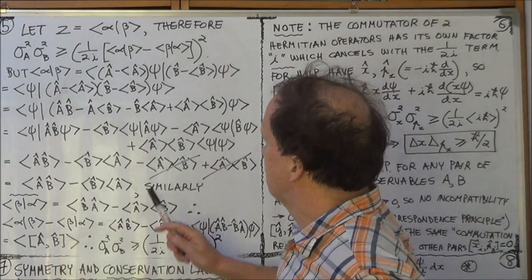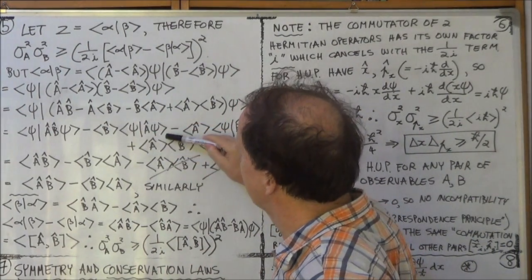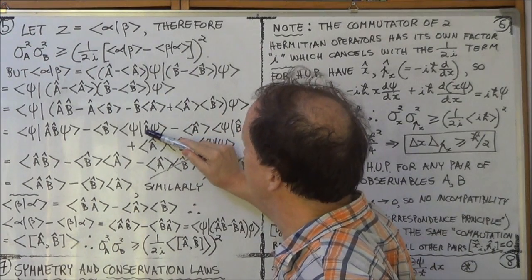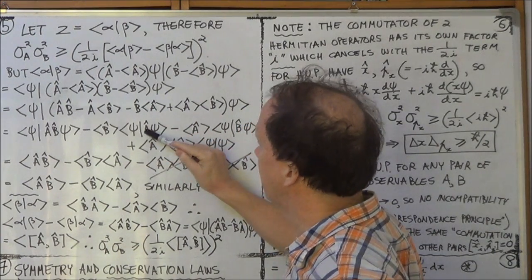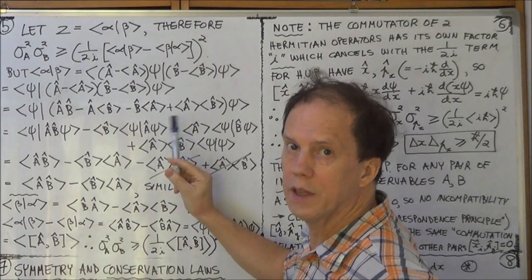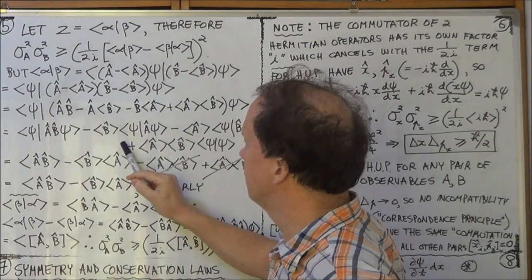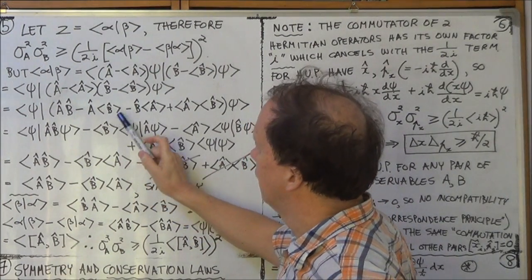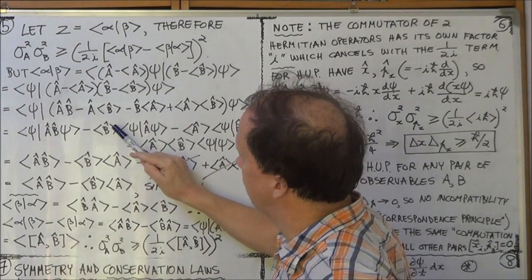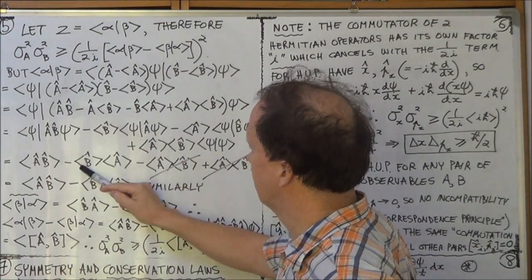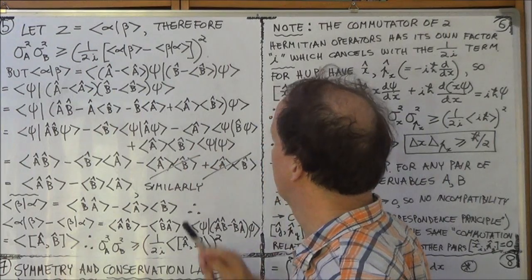Now rearranging terms. What is this? That's just the average of A hat, the expectation value. So you can rewrite this as average of B times average of A. So this is this.